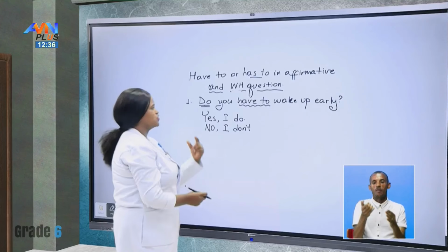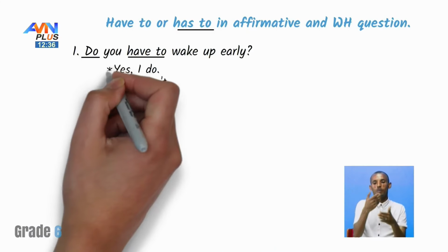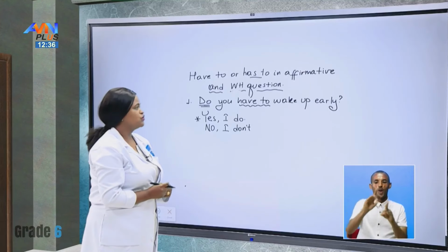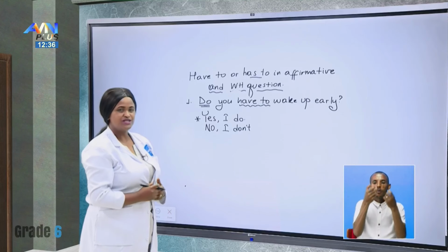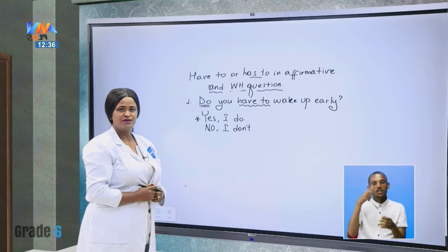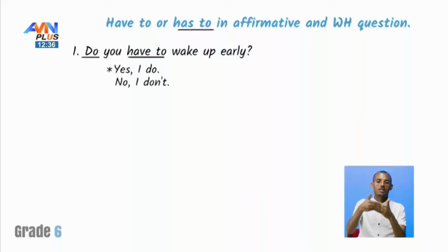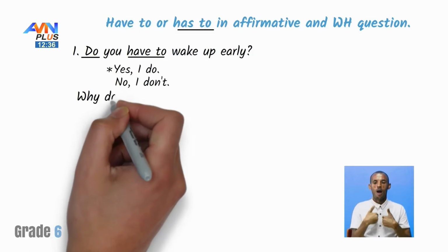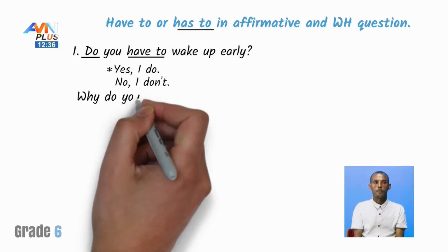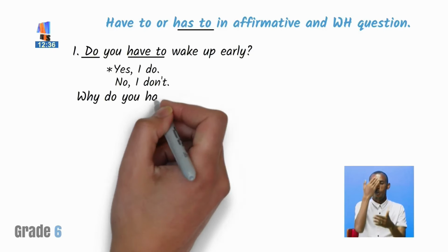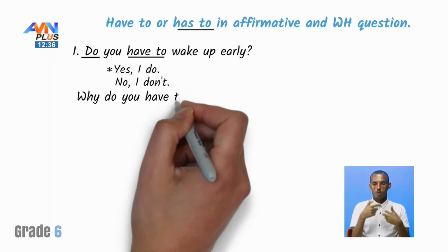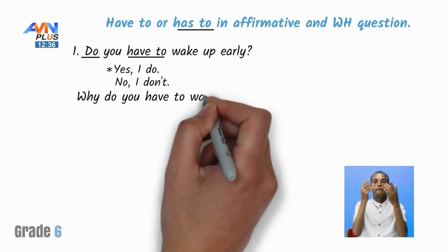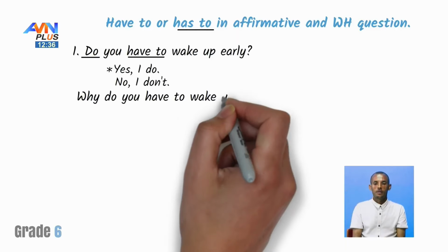For example, for someone who says, yes, I do, I say to you, do you have to wake up early? And he said yes, I do. Then here comes another question. Why do you have to wake up early?